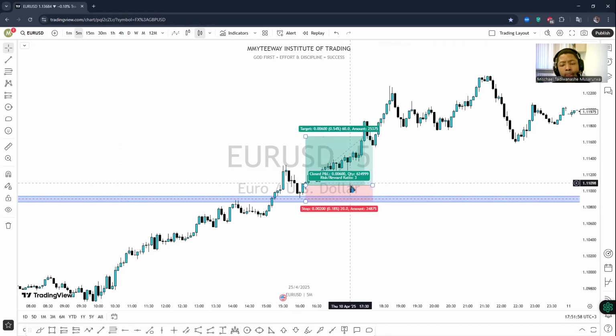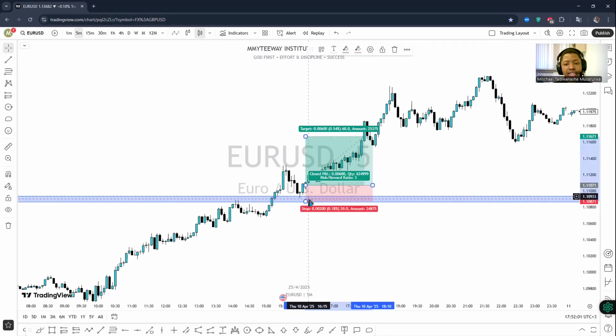So you can see we entered at 4:10 and the trade ended at around 5 minutes to 6, which is pretty fast for EUR/USD, because this is less than 2 hours, right? This is about 1 hour 45 minutes for this to play out.